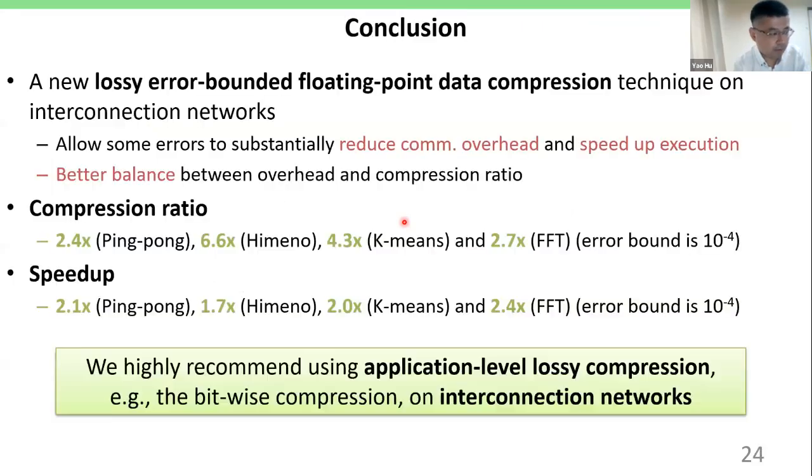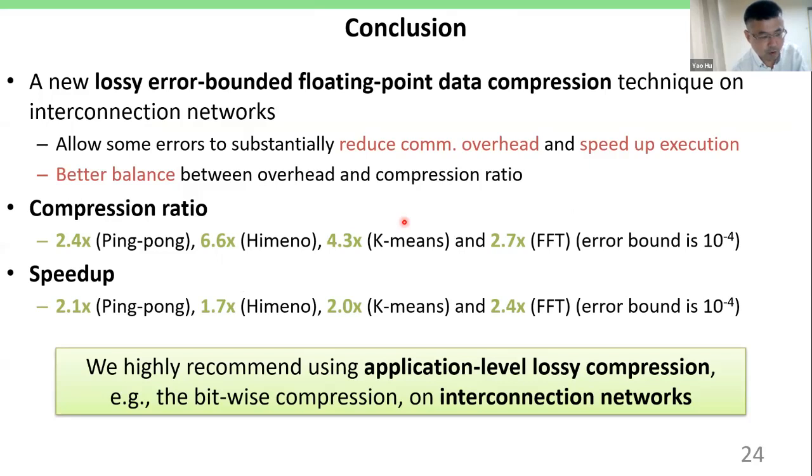So finally, let's come to the conclusion. In this work, we propose a lossy error-bounded floating point data compression technique on interconnection networks. The existing data compression techniques usually target the storage systems.